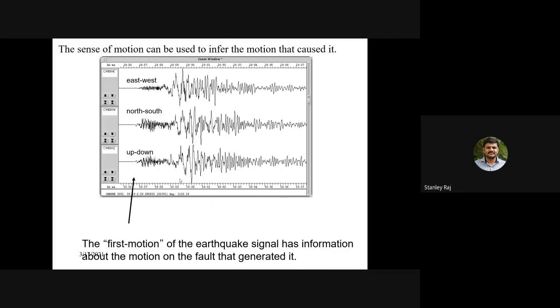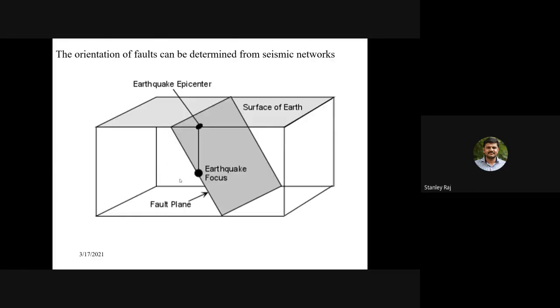The first motion of the earthquake signal has information about the motion on the fault that generated it. So that is a crack generated, like the rattling sound of a rock. Next, the orientation of faults can be determined from seismic networks.